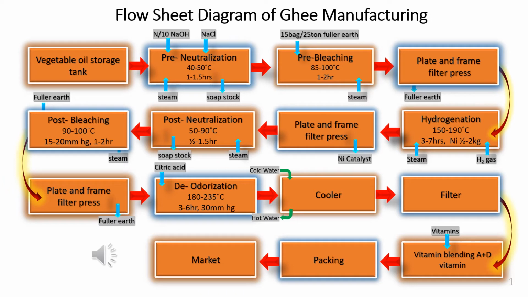Here we provide 40 to 50 degrees centigrade of temperature and this process takes about 1 to 1.5 hours. So in 1 to 1.5 hours our oil is pre-neutralized. Here we obtain soap stock as a byproduct.